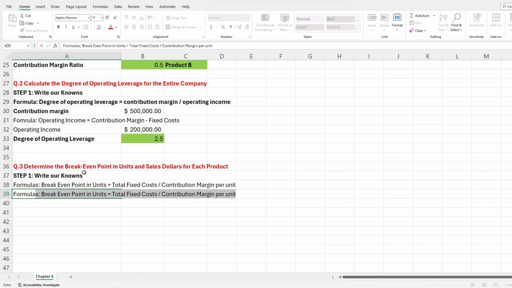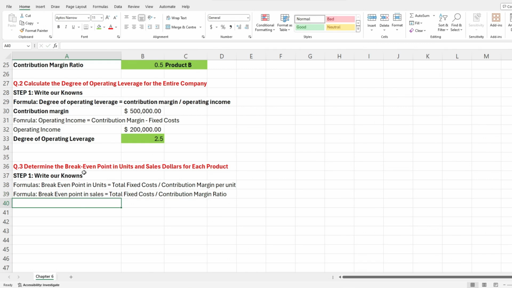Then I'll write the second formula for break-even point in sales. This is equal to your total fixed cost divided by your contribution margin ratio. All right, so this brings me to step 2. Let's calculate our contribution margin per unit for both products.